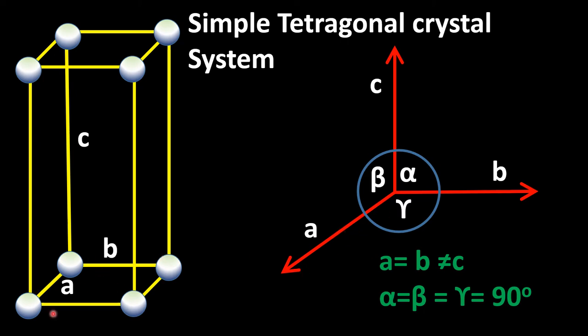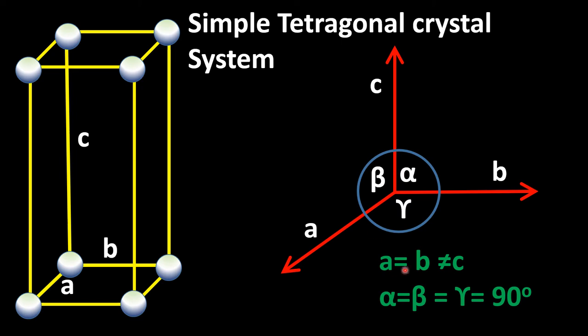Here you can see in this structure that, unlike the simple cubic structure in which all axes are of equal length, A and B are of equal length, but both are not equal to C, as C is elongated, that is, it is longer than A and B. So A is equal to B, and both are not equal to C. Although the axes are not all equal, the angles are still 90 degrees.